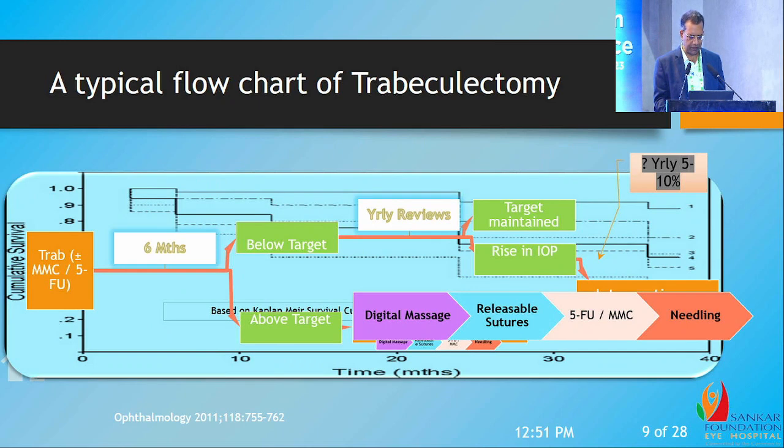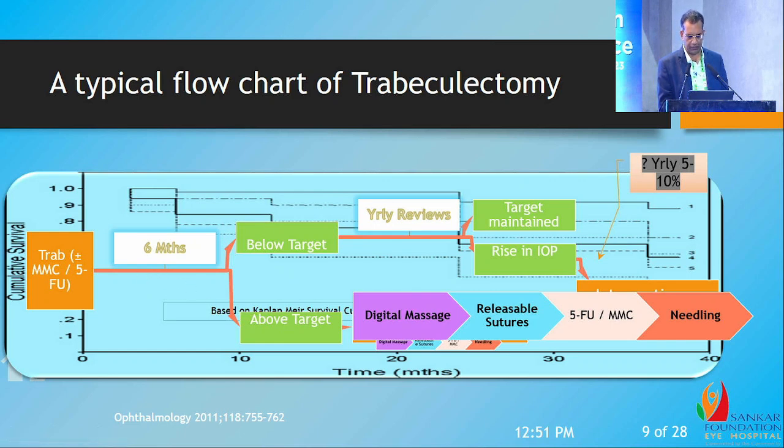If the trabeculectomy is successful and IOP is below target, then yearly reviews, and if target is maintained, okay. If target is not maintained and there is a rise in IOP, then we may have to go for the needling, either in the long term or within 3 to 4 months.